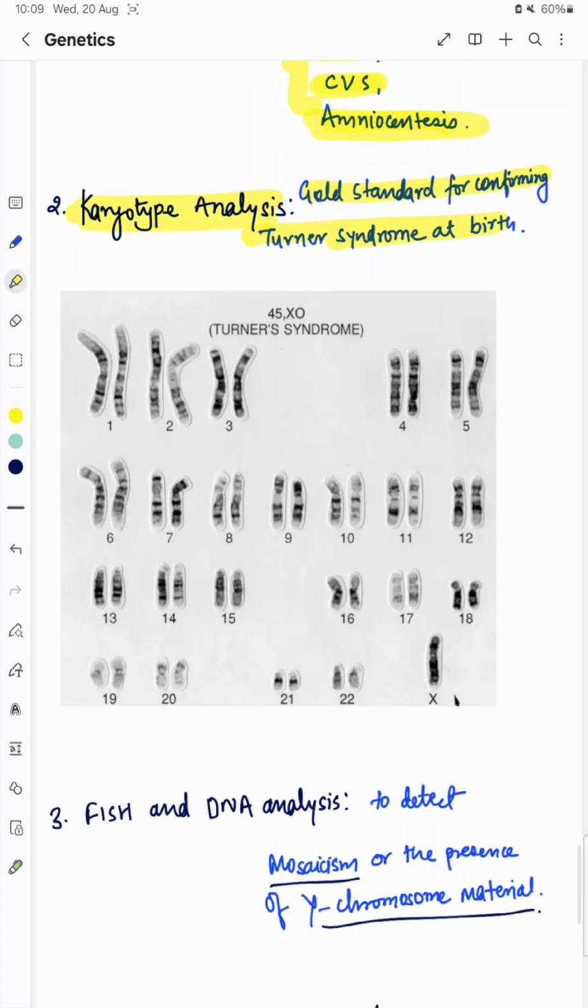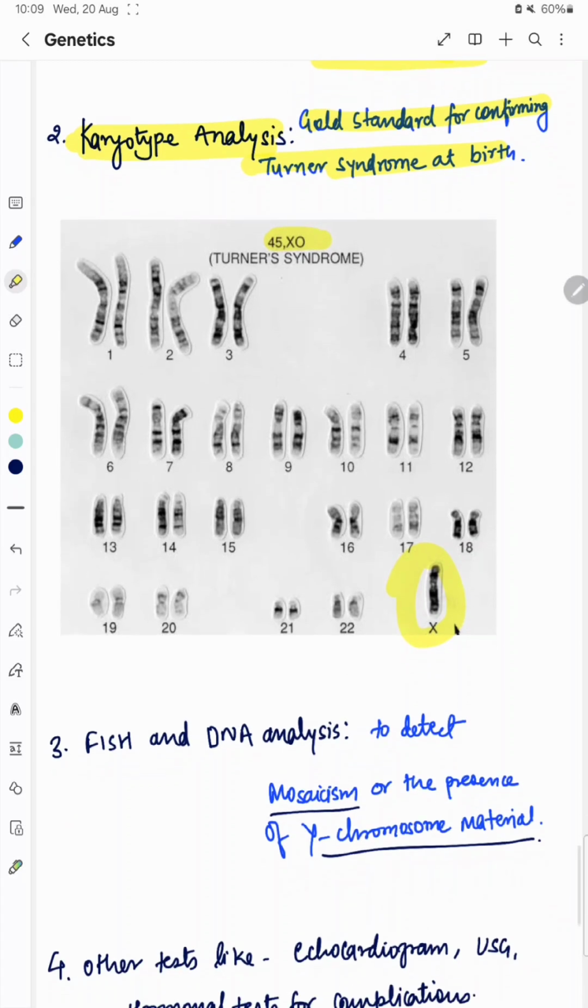So this karyotype clearly shows only one copy of the X chromosome, and this patient has 45 chromosomes with only one copy of the X chromosome.